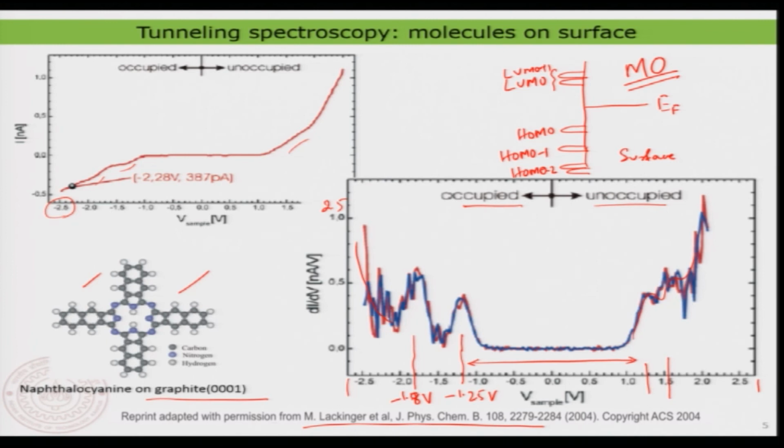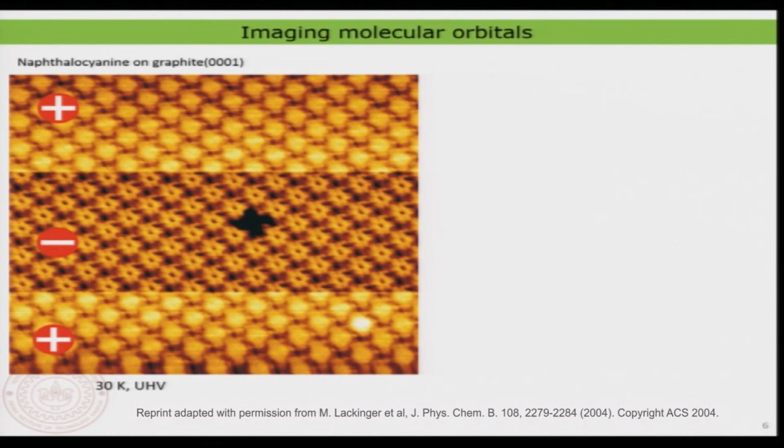Therefore, typically we do not do experiments beyond, let us say, 4 or 5 volt on both sides of the Fermi level. Nonetheless, this is the most important region, because if you want to understand the electronic structure of the valence band and the conduction band, it is basically this region that you are looking at.